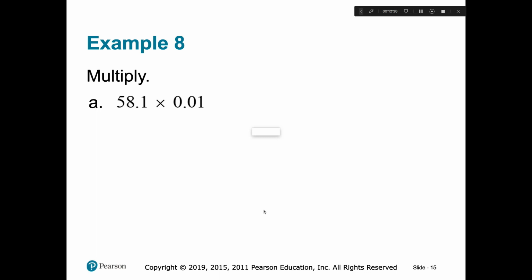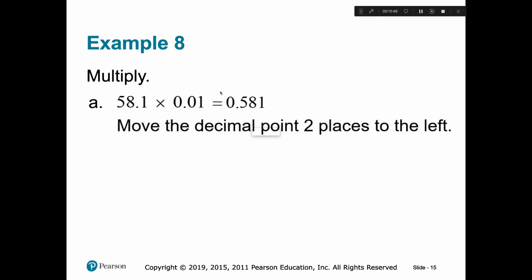So this one is on your paper. 58 times 100. How many places am I moving my decimal point? 2 to the right or left? To the left. So my new answer is going to be 0.581. Do you have to have the 0 or no? Yes, you have to have the 0 in front of your decimal point.